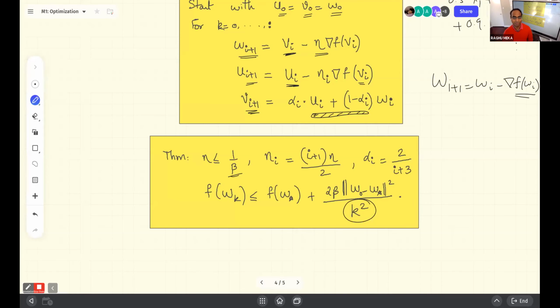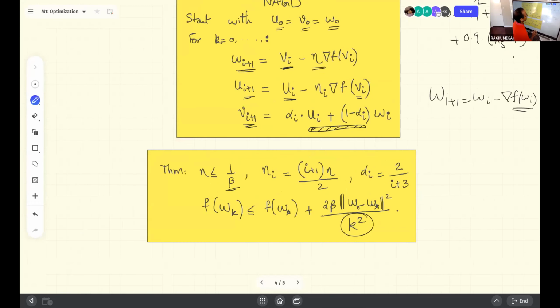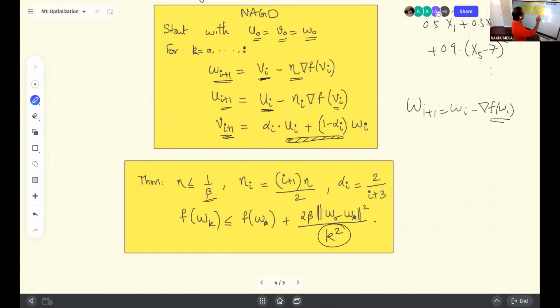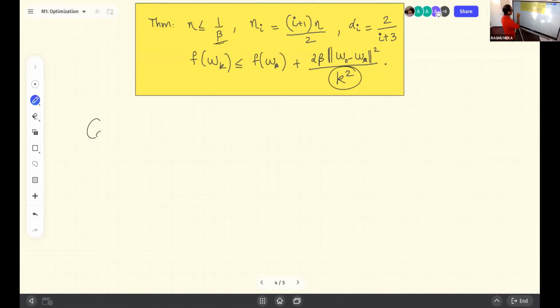So often what you do is, instead of just setting a fixed step size for these eta i's as shown here, you increase the momentum term as you go along in some qualitative way. And one way to interpret Nesterov's algorithm is as a conceptual interpretation.